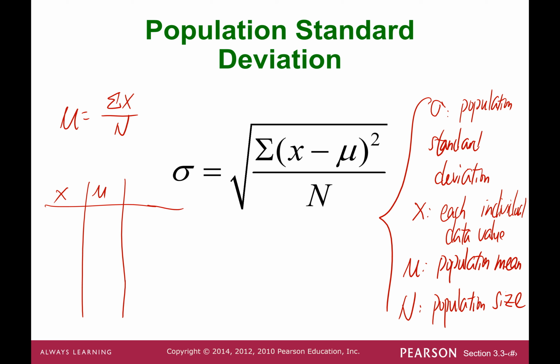Now you find the difference first, x minus mu. Then after that, square it. So you can create a table, calculate all these different elements like what we did earlier for the sample standard deviation, then plug into the formula to get a result. Okay, so the table is very useful.